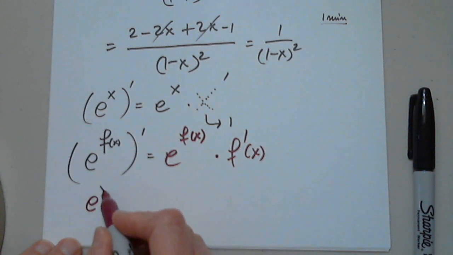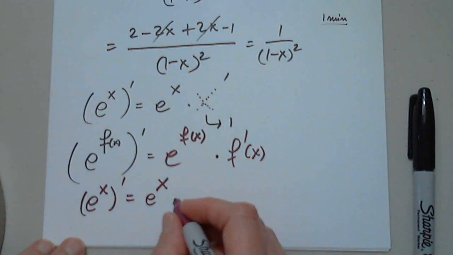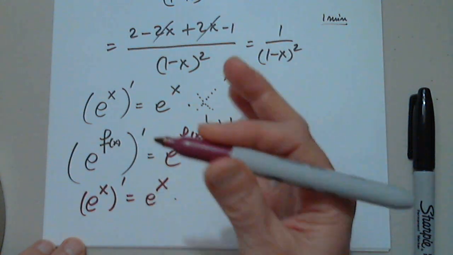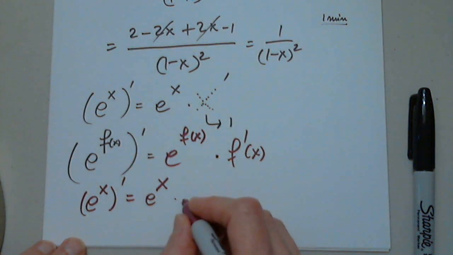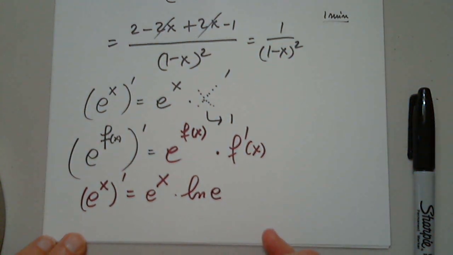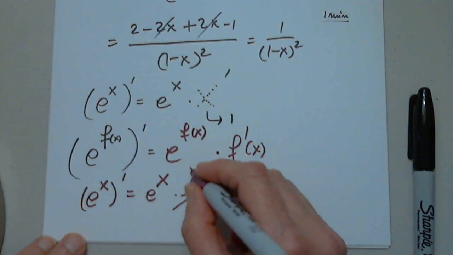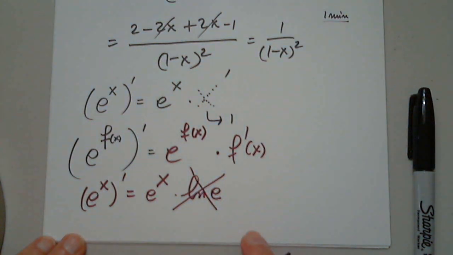Notice that also e to the x prime is e to the x, if you want, times x prime, but we already established that. But it should be times natural log e. This is the correct formula. We omitted this as well. Why did we omit natural log e? Is it 1? Exactly.